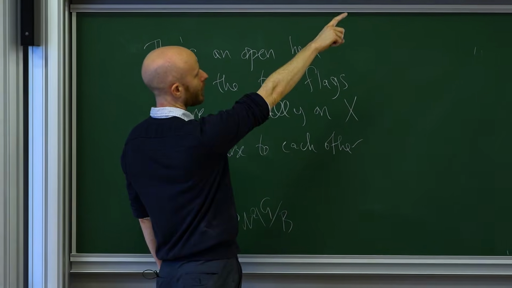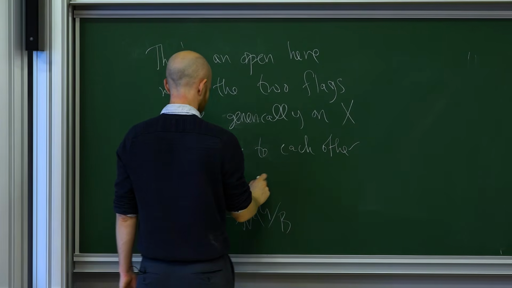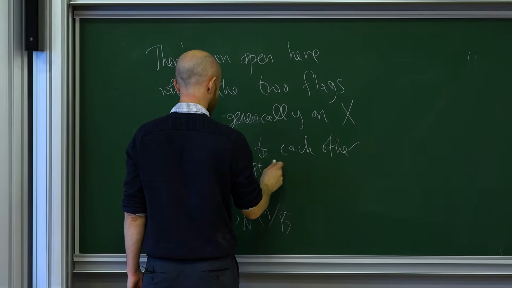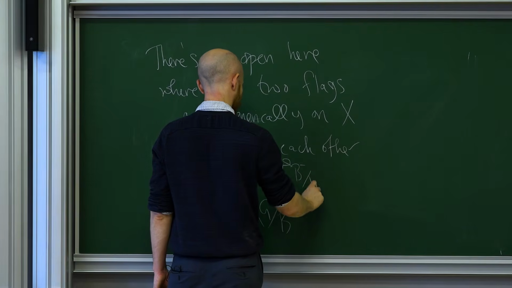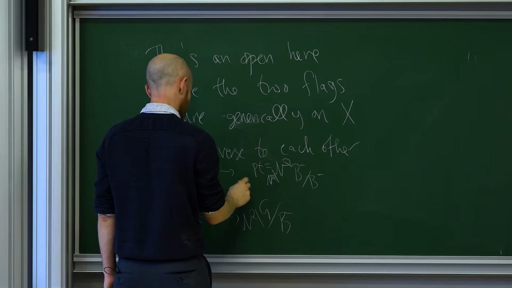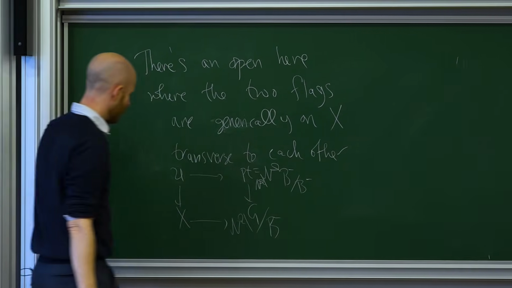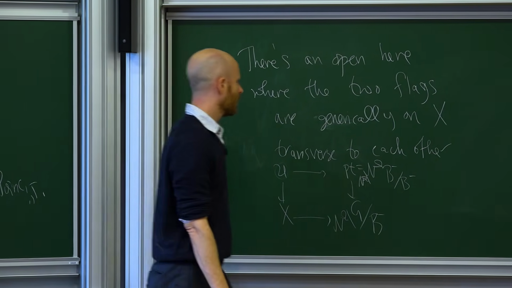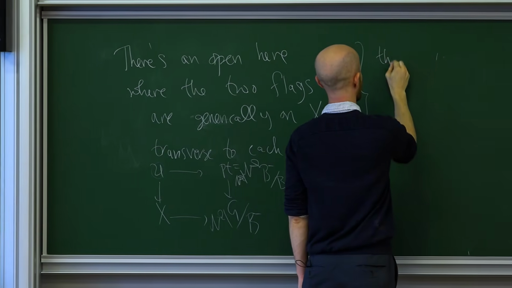That's the data of a map here. And there's a minus, and then here there's this open point, which is N omega B minus mod N omega. And I want there to be some open U inside of X where this factors through this open point. And so this is called Zastava space.